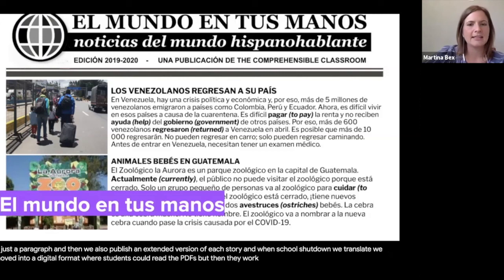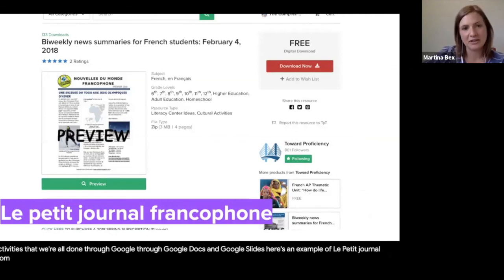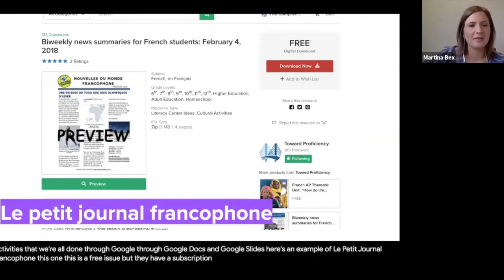And so here's an example of Le Petit Journal Francophone. This is a free issue, but they have a subscription that's ready for the coming year as well. And again, if you teach another language and that sounds really appealing to you and you'd like to start a project like that, I would love to support you in getting it started.